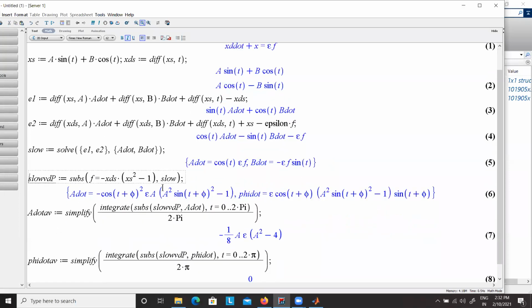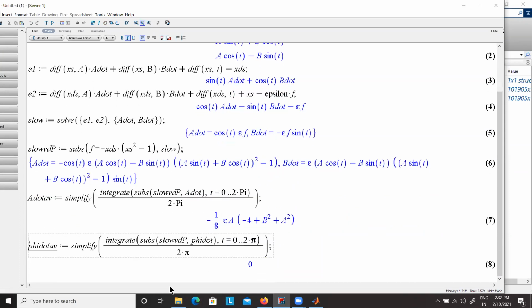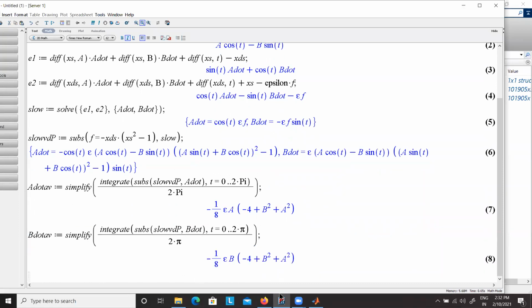We are still doing the van der Pol oscillator. There's no problem. I have A dot and B dot like this. I hope you see that such averaging is also possible. There's no difficulty. Is that okay?